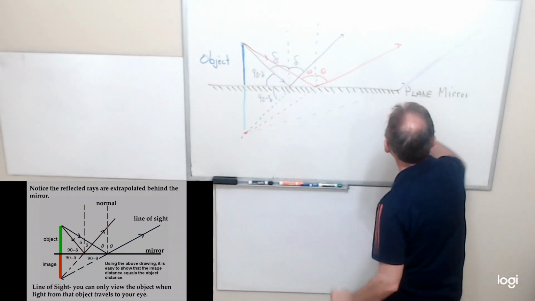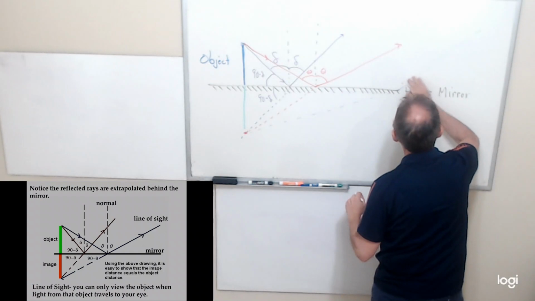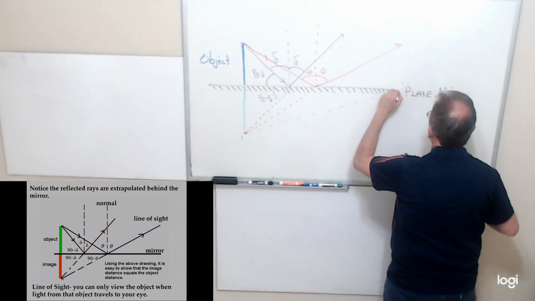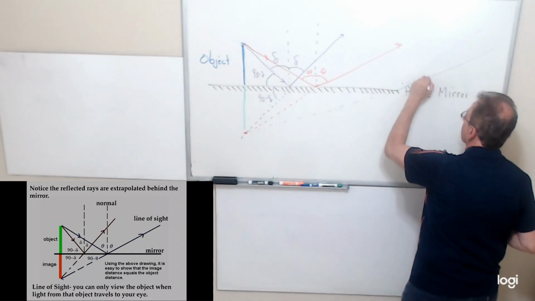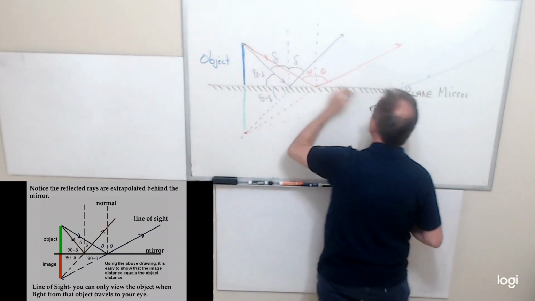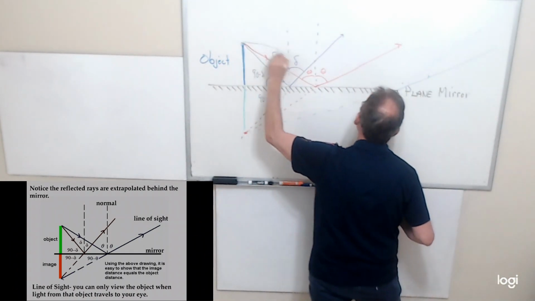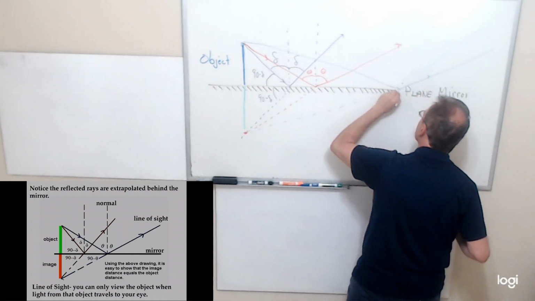It's supposed to be a straight line, sorry. Let me do a better job. That could also be another ray that's reflected off the mirror.